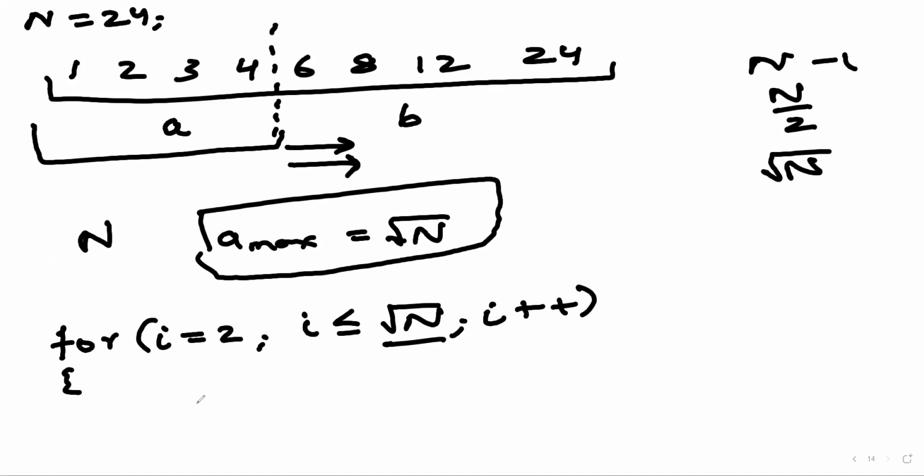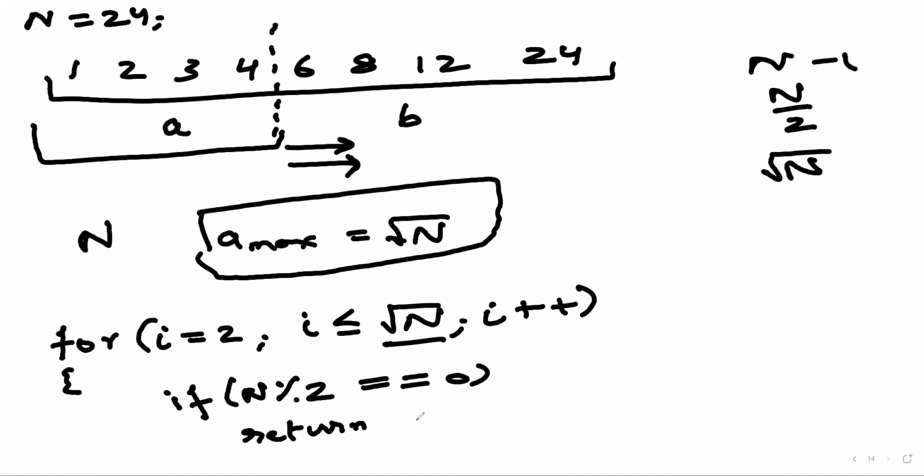Okay, so again, the inner code would remain the same. If n is divided by i and gives us 0, we can return false.